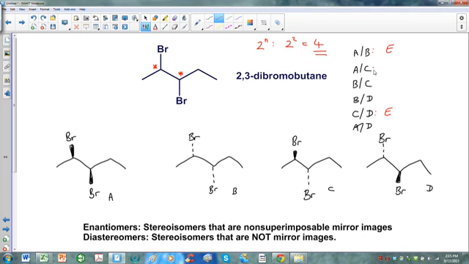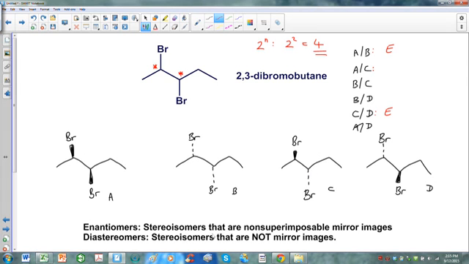Well, let's take a look at A and C. Here's A, here's C. Notice how between those two, the carbon 2 stereochemistry is the same. For carbon 3, the stereochemistry is opposite. So the question is, are both stereocenters opposite between A and C? The answer is no. These cannot be mirror images of each other, because here the stereocenters are both pointing up, and I can't make this anyway into these both pointing up.